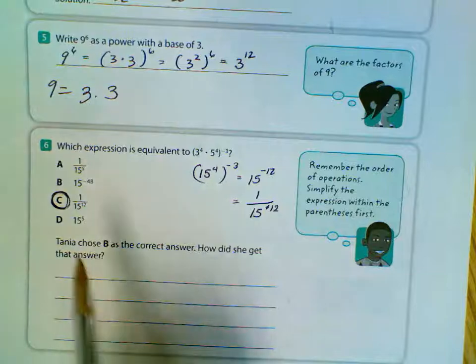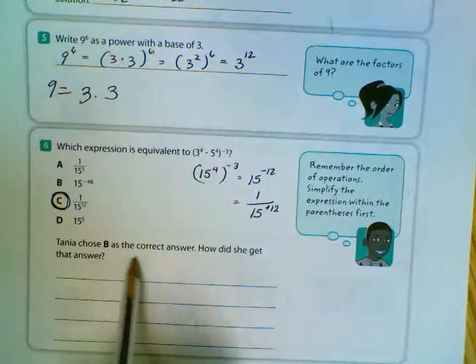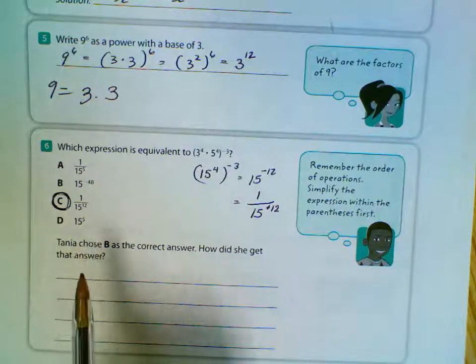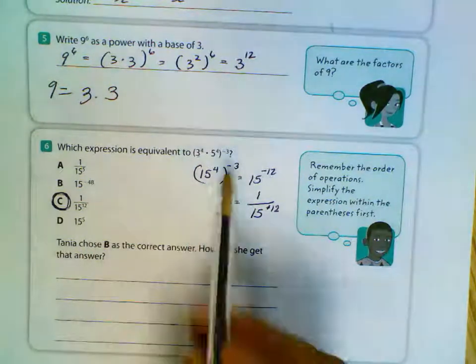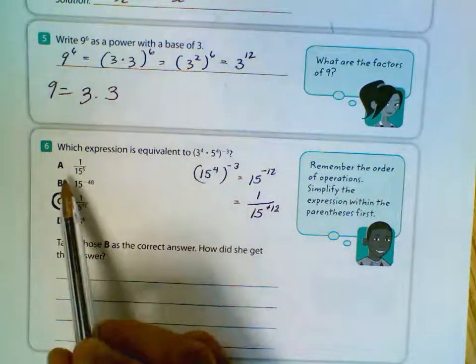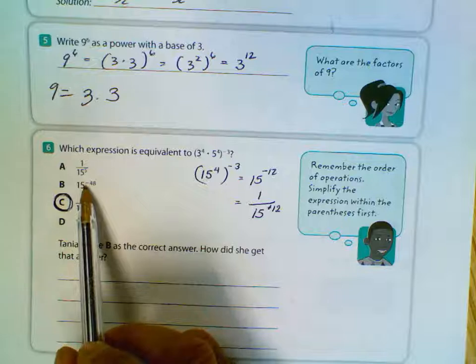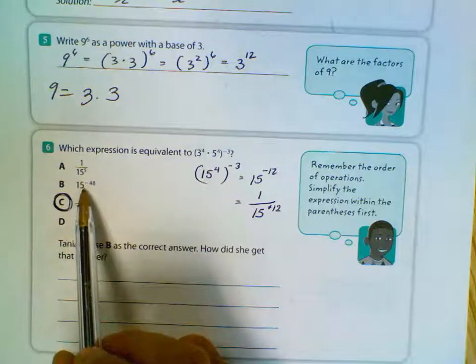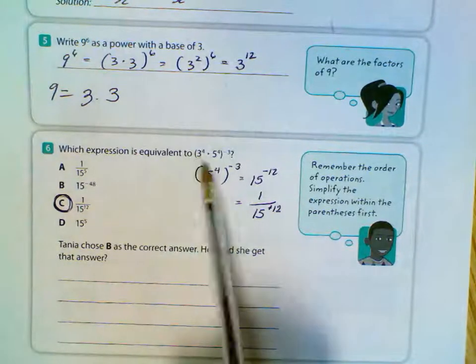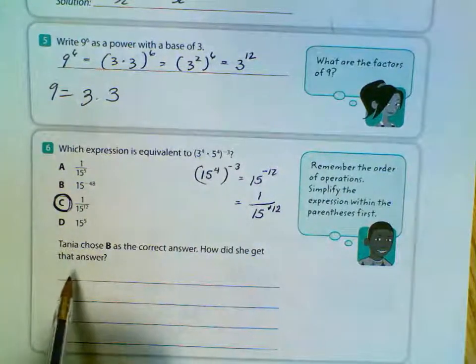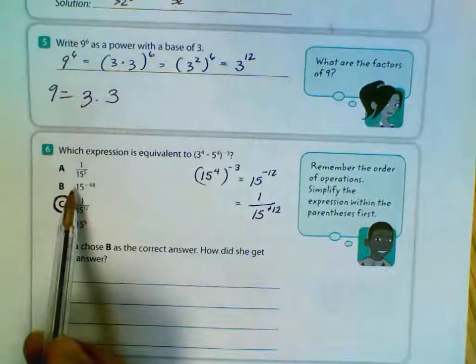Tanya, in this case, chose B as the correct answer. How did she get that answer? In this case, I can say that Tanya, if you get negative 48, she did not use the order of operations or the rules for working with exponents. She multiplied the bases and multiplied all the exponents. That is the reason why she got that answer B incorrect.